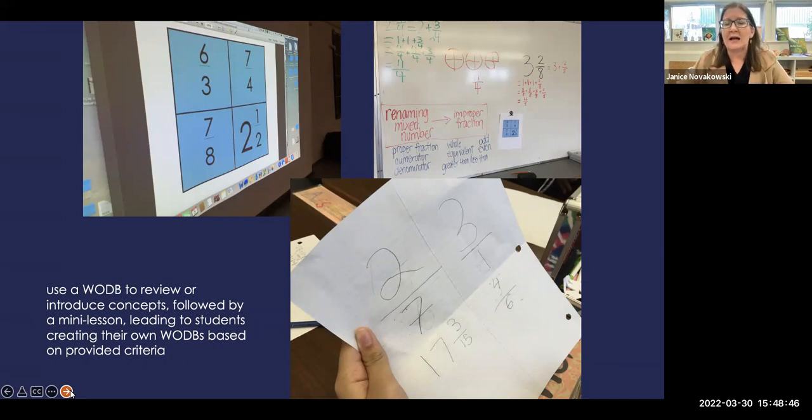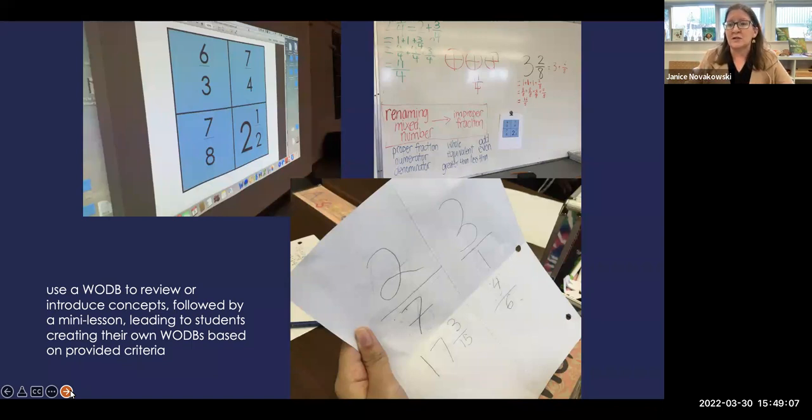We did that as a whole class. And then I did a little mini lesson, probably for about 10 minutes or so, where we went over some of that language again to make sure students felt confident about mixed numbers, improper fractions, how to move flexibly and fluently back and forth between different types of fractions, and the vocabulary that they needed for that.